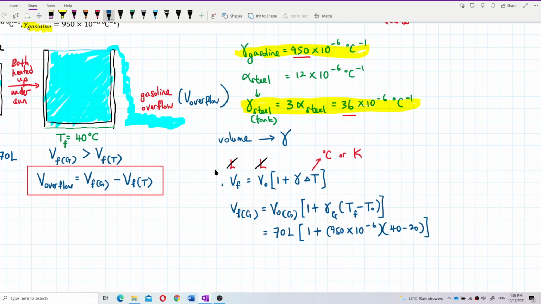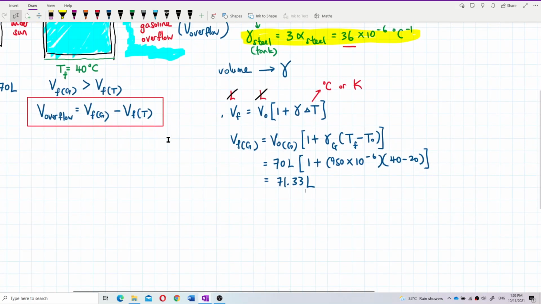Let's calculate. I got my answer: 71.33 liter. That's the final volume of gasoline.